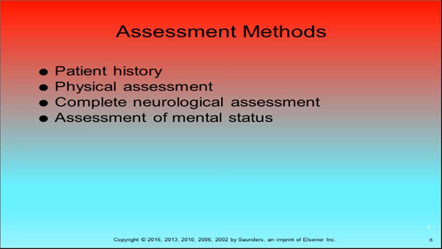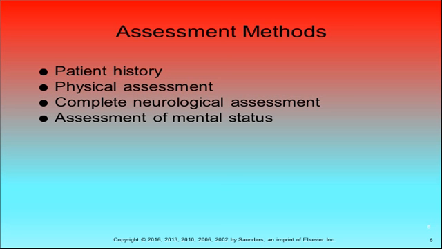Can they recall the last meal that they ate? You want to know about, of course, their family history. Have they had any strokes, or any family members have strokes or heart attacks? And then as far as their physical assessment, every time these patients come back, you want to be making sure you're comparing this visit with how their initial visit was.